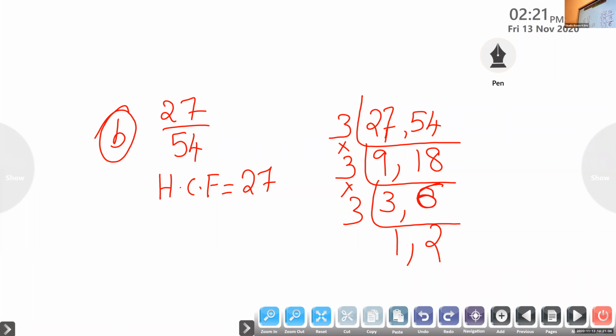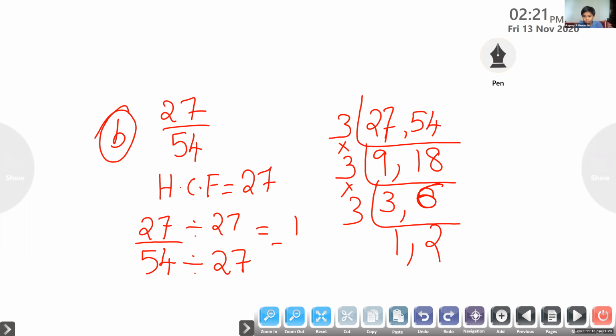Now by this HCF, we have to divide both the numerator and denominator. So 27 divided by 27 is 1. 54 divided by 27, what's the answer? 2. 27 into 2, 7 2s are 14, 2 2s are 4, 54 you'll get.